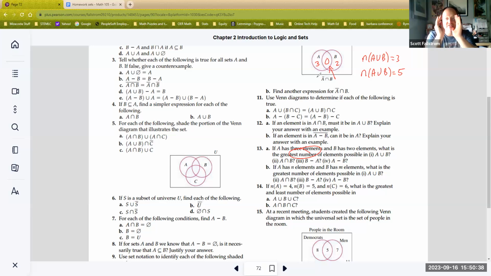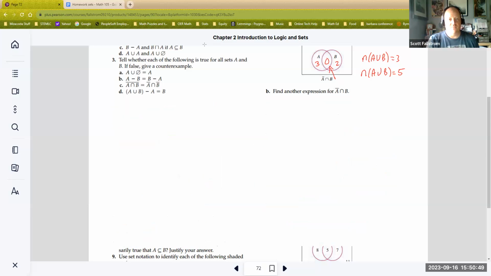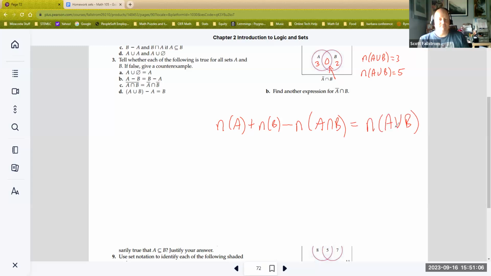A lot of things in the intersection, the amount in the union has to go down in order to make that happen. And that again comes from the activity we did in class with the colored shapes. We came up with a really nice way of relating these, that the number of things in A plus the number of things in B minus the number that are in the intersection, because we didn't want to double count, is going to be the number of things that are in the union.